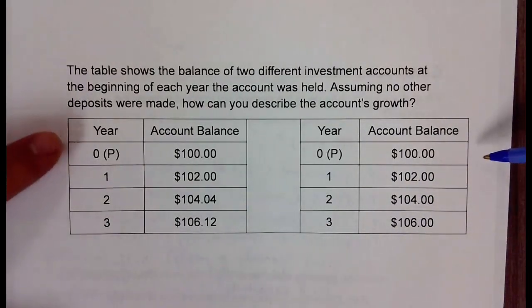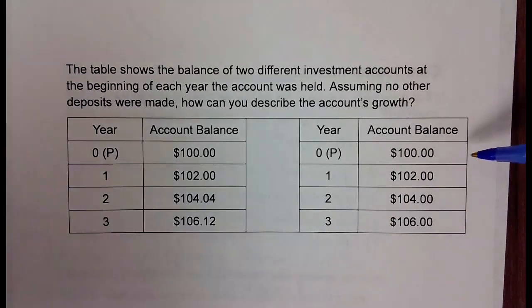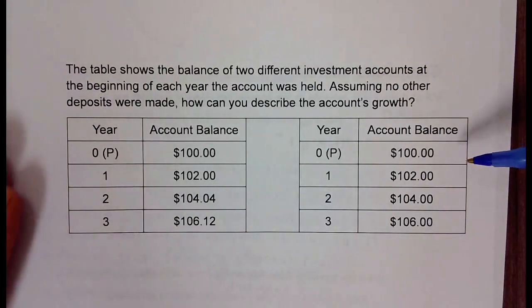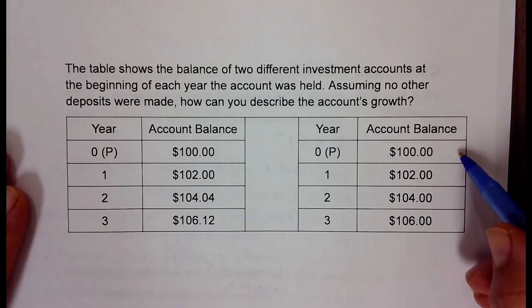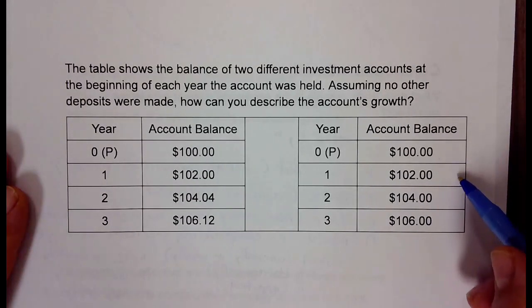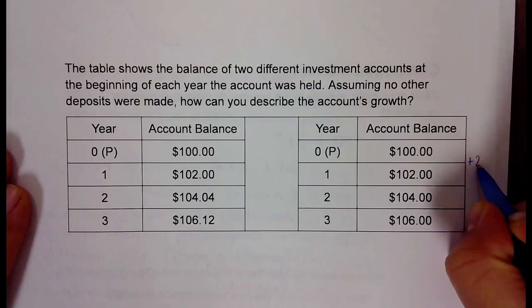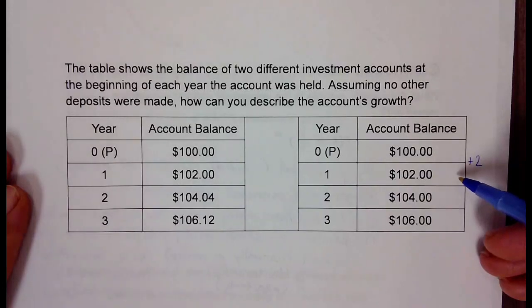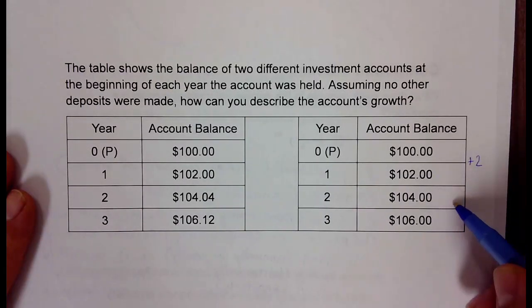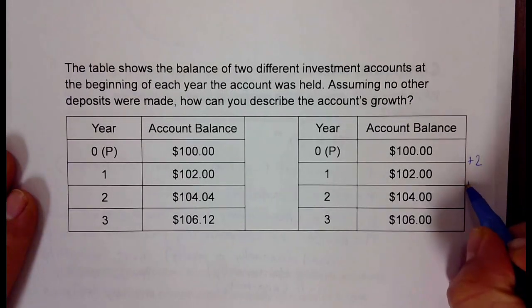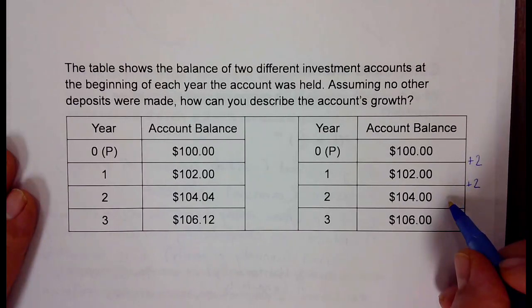So year 0, we're going to call that the principal. The account had $100 in it. From then, over that first year, they added $2 to the account from $100 to $102. The next year, they added $2 to the account from $102 to $104.